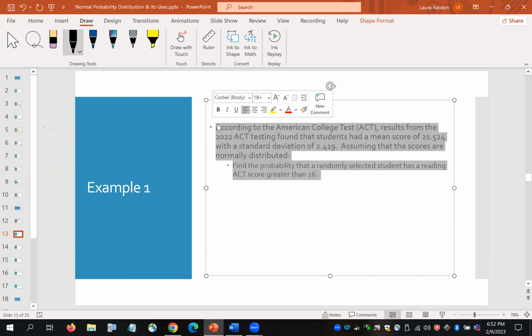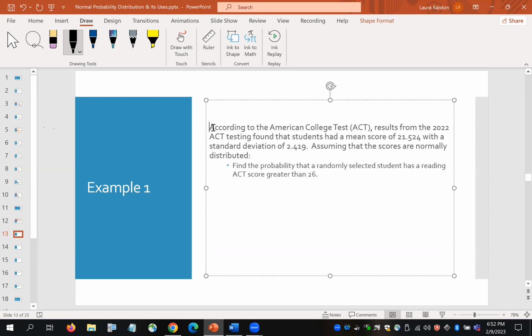All right, so this question says, according to the ACT, or the American College Test, results from the 2022 ACT testing found that students had a mean score of 21.524 with a standard deviation of 2.419.